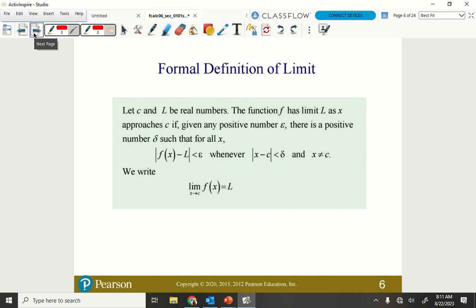The function f has a limit L as x approaches c if, given any positive number epsilon, lowercase epsilon, there is a positive number delta, lowercase Greek delta, such that for all x, the absolute value of f of x minus L is less than epsilon whenever the absolute value of x minus c is less than delta, and x cannot be equal to c.